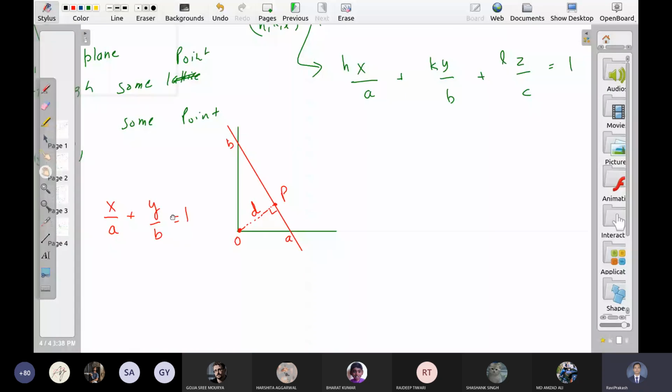Do you know the equation of this vector, which is perpendicular to this line? I mean, let us say this vector is alpha i cap plus beta j cap. What are alpha and beta here?